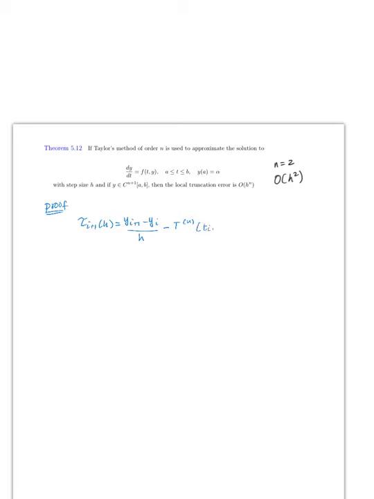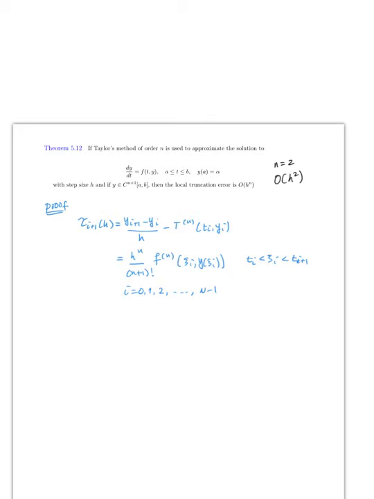So this was the definition of local truncation error, which, remember, is equal to this by the definition of the Taylor polynomials, y^(i)(ξi), where ξi was between ti plus 1 and ti, and this was true for i equals 0, 1, all the way to n minus 1. So this is the basis for the proof.